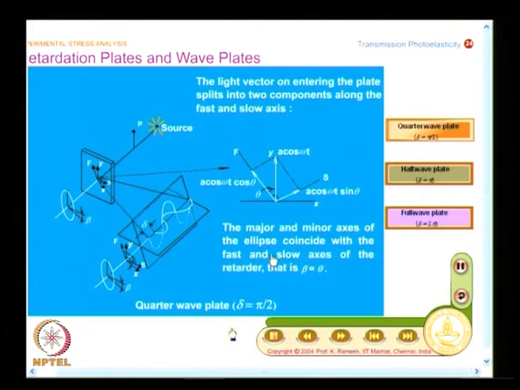So, that is an advantage, and this understanding is very much important when we look at an elaborate optical setup, where these optical elements contribute to the formation of different types of fringe patterns. Because we are going to look at a plane polariscope, and also a circular polariscope in conventional photoelasticity.